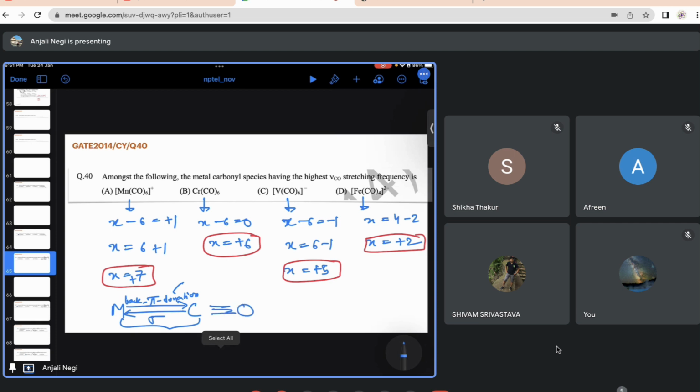Okay. And the frequency of the CO stretching will be in a lower range.